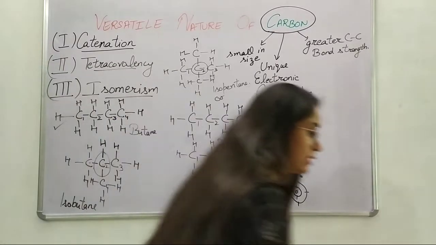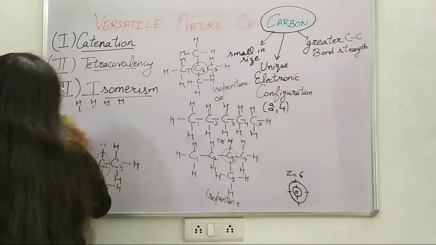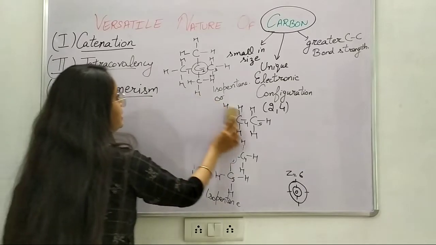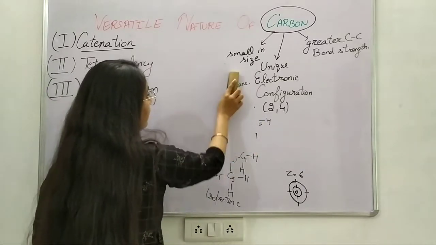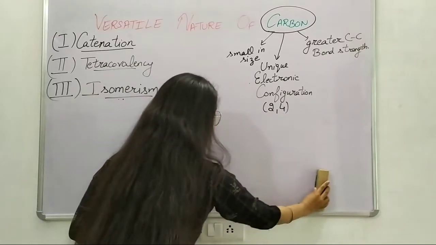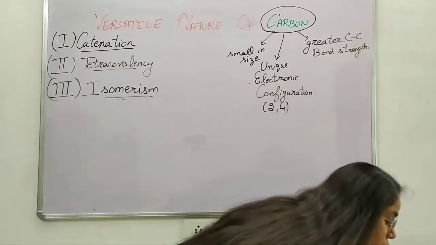Now the fourth one we will go with the easy one. Wait, let me erase it. Now again this whole thing goes with the 3 usual or most common facts about carbon that I had told you about.